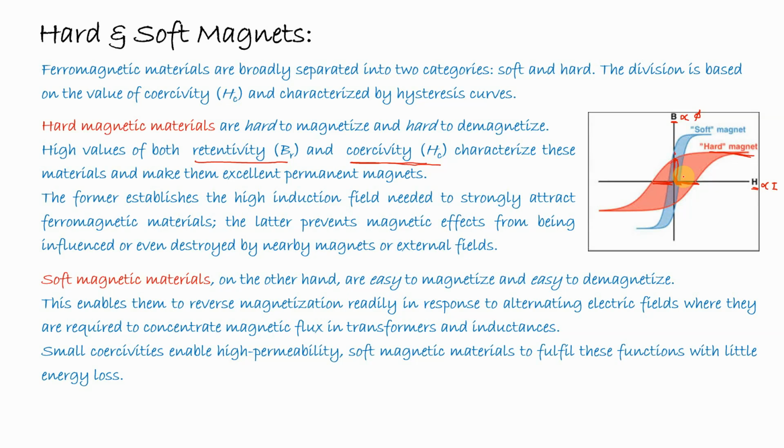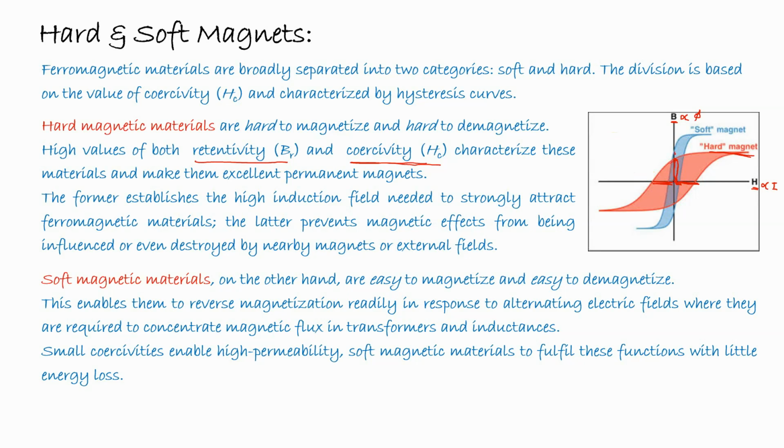That means in case of soft magnet, there is a term called hysteresis loss. The hysteresis losses will be less in case of soft magnet, whereas for the hard magnet, the hysteresis losses will be very high. Because when you use the transformer and other electrical machines, there is a continuous change in polarity of the electrical current. So the magnetic field will also be continuously changing its polarity. Therefore, the material will be magnetized and demagnetized periodically.